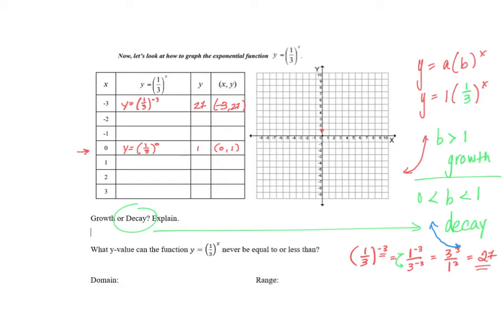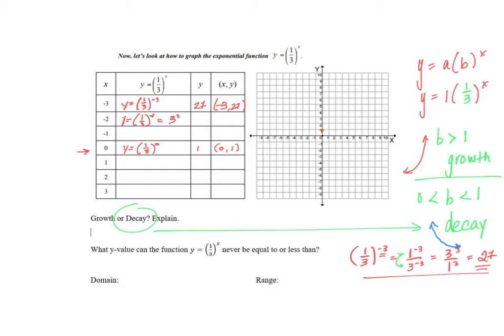All right, let's keep going. If I have negative 2 as an input, now that means I have my y that is equal to 1/3 to the negative second. Again, that's going to take the reciprocal of my fraction, so that is going to be the same thing as taking 3 and squaring it. Does that make sense?